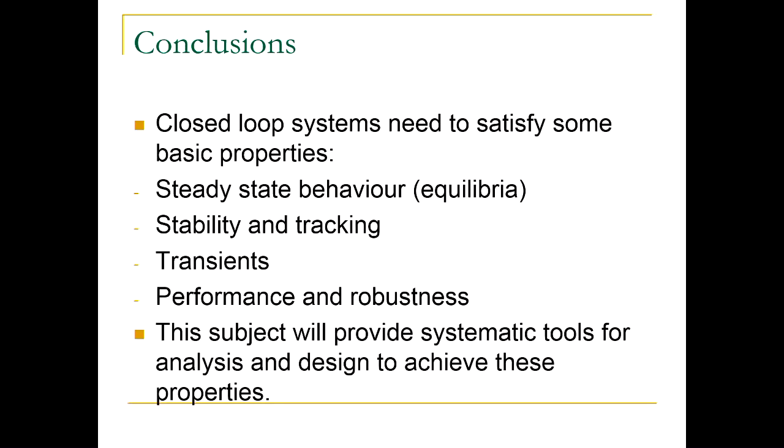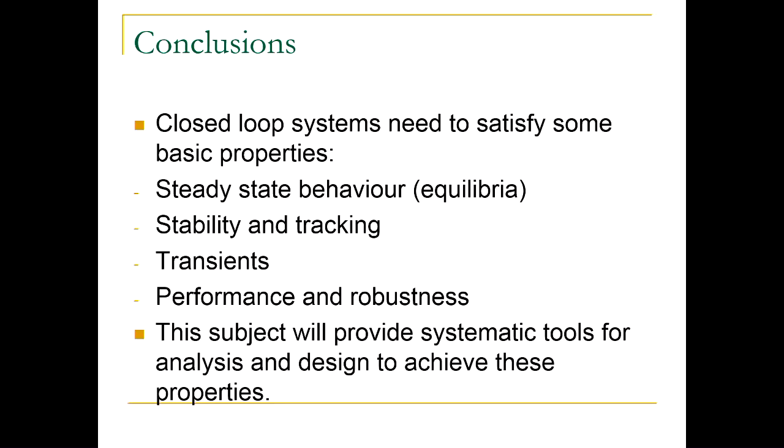All right. So what I want you to take out from this lecture is really intuition about various characteristics of closed-loop systems. Typically, closed-loop systems need to satisfy some basic properties. You need to be able to maintain some behavior that you are interested in. That has to do with equilibria. You would need to achieve stability or tracking of this equilibrium, so basically all solutions should converge to this equilibrium or close to it.